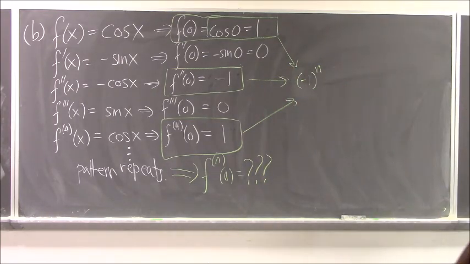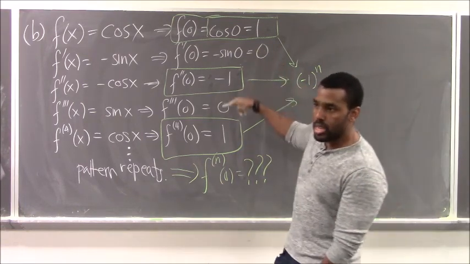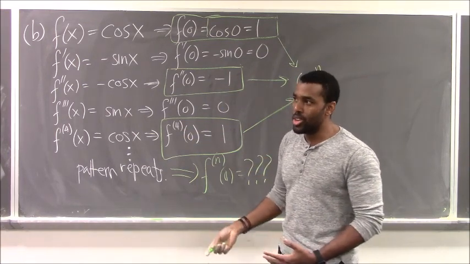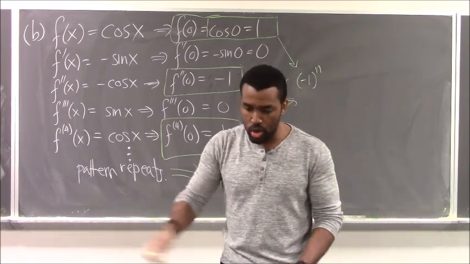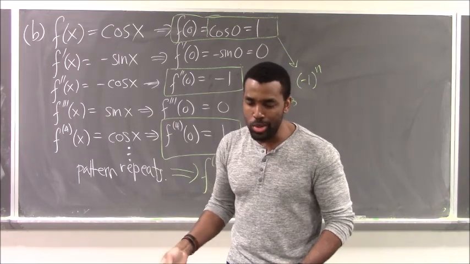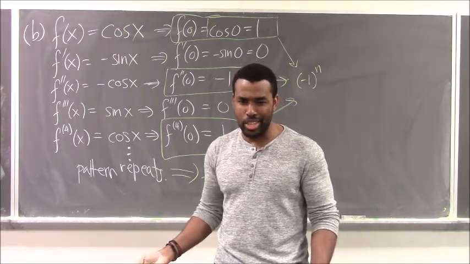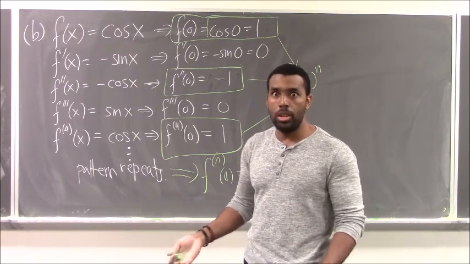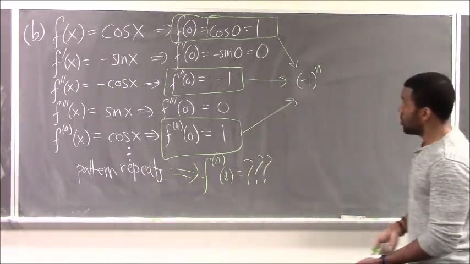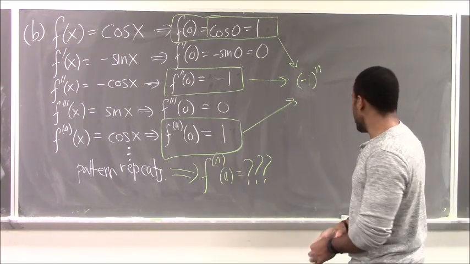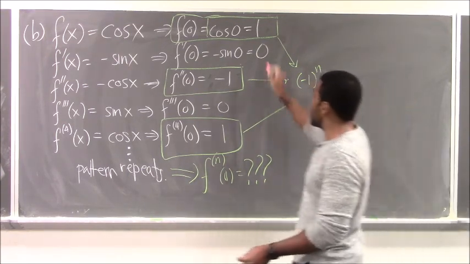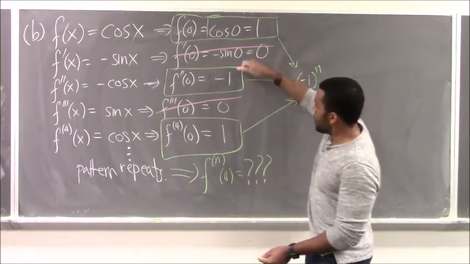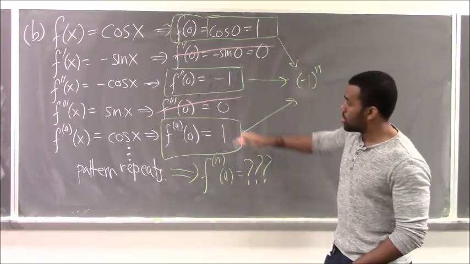Now here's the thing. What these guys are doing is giving us the coefficients of a polynomial. You can think of a polynomial where some of the coefficients are 0. You can essentially ignore the coefficients that give you 0, because they're not even going to be in the polynomial that you're writing down. So we can ignore these guys and just build a pattern over the guys that don't give us 0.